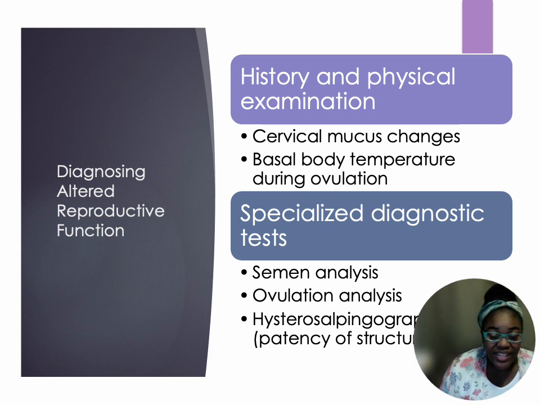Of course, you have to have a history and physical examination, but specifically you want to look at cervical mucus changes. There may be basal body temperature changes during ovulation. You may have specialized diagnostic tests which would look at your ovulation specifically or your semen analysis, and they may also look at the patency of your reproductive structures.